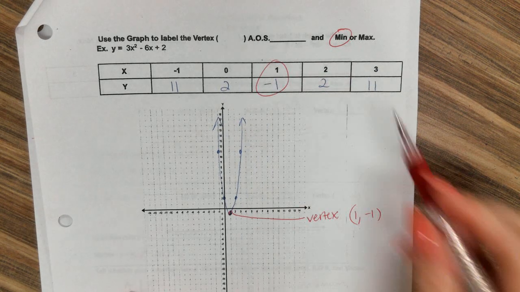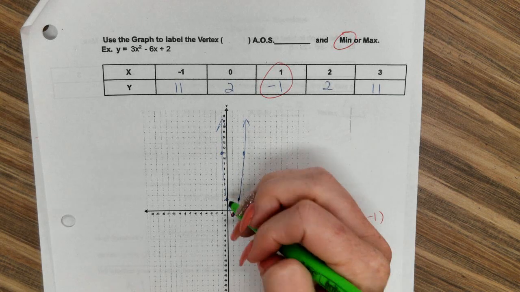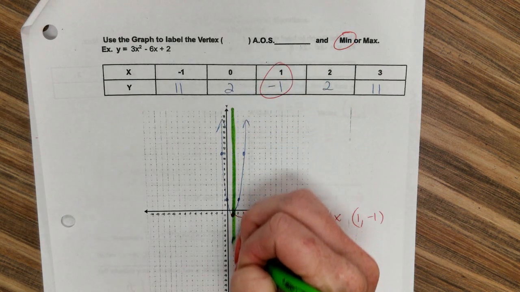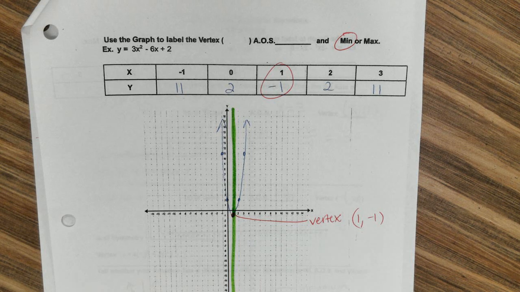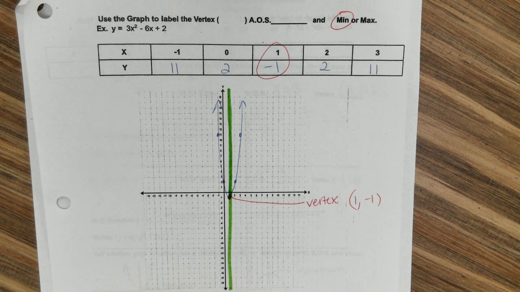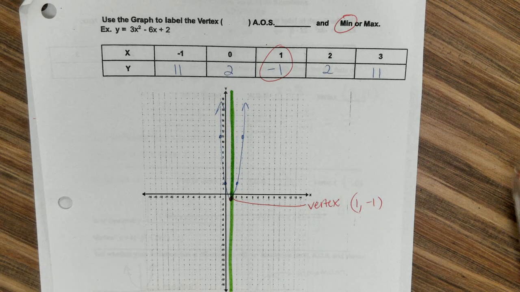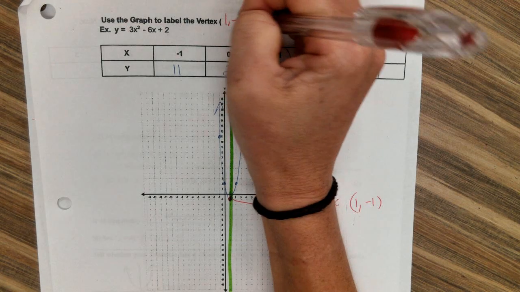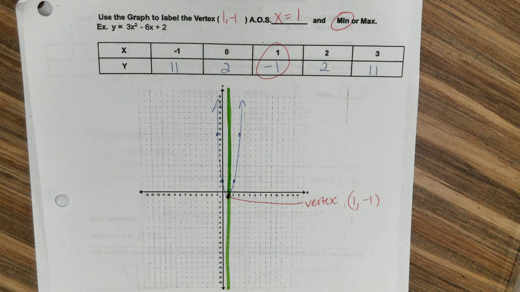And the axis of symmetry is where if I was to draw a line, it's going to be mirrored the exact same on the left as it is on the right, which is the x value of the vertex. X equals 1. And then this was -1. Everybody understands what a vertex is and an axis of symmetry, yes?